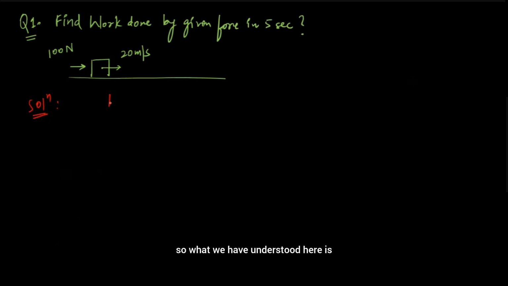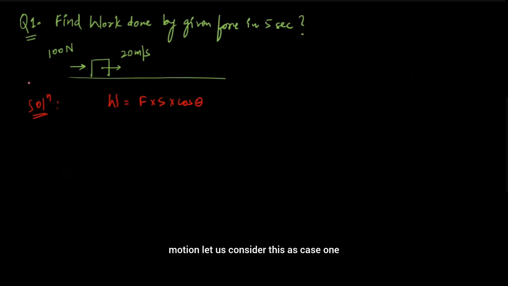So what we have understood here is that work is nothing but force times displacement times cos of theta between them. As we can see here, the object was moving initially towards the right, 20 meters per second. So a force acts from the backward direction, in the same direction of motion.